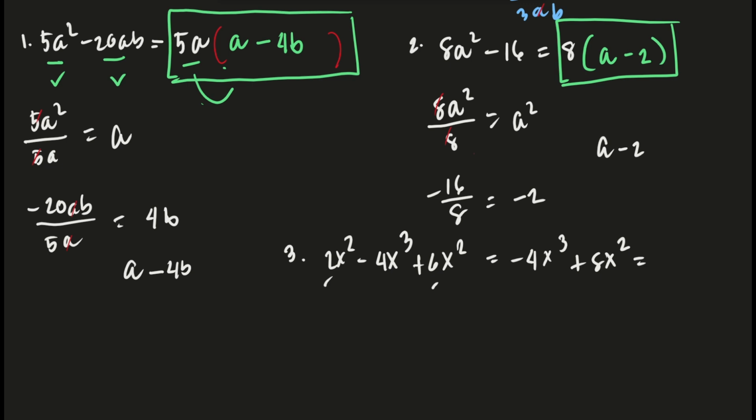From here, we know that the greatest common factor of the numerical coefficients would be 4. And then the lowest possible power that is common for both terms is x squared.